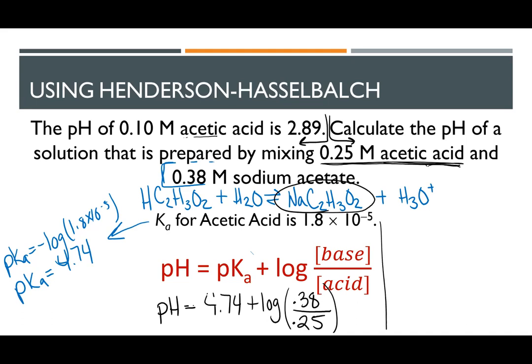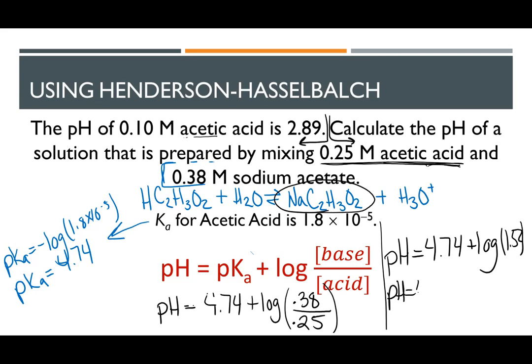To solve this, I'm going to leave that 4.74 alone, plus log. I'm going to divide those two numbers: 0.38 divided by 0.25 is 1.52. Then I just type into my calculator log of 1.52.